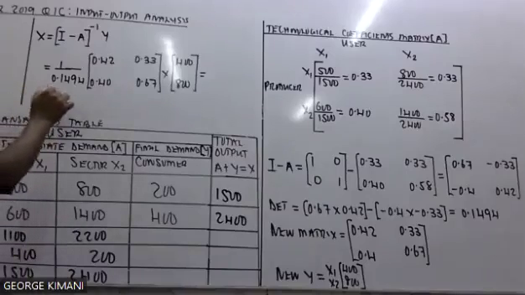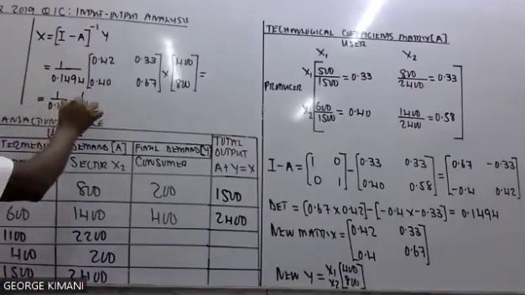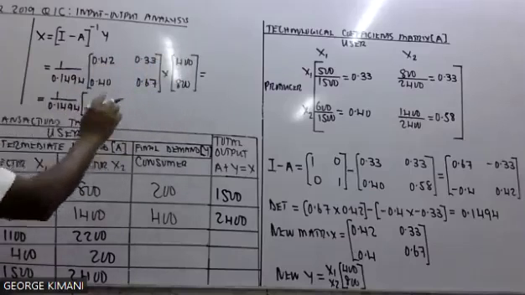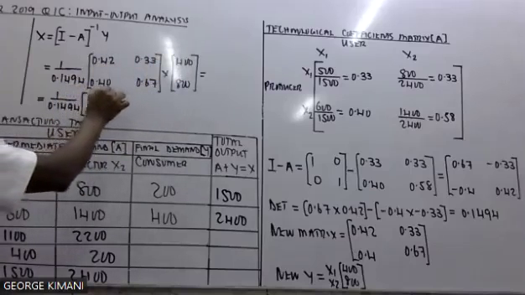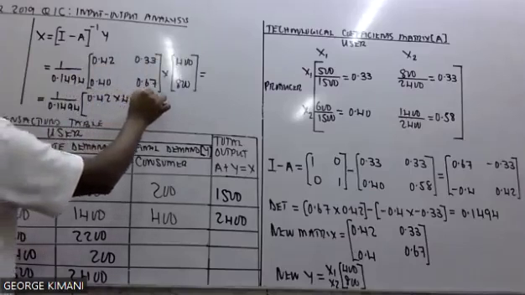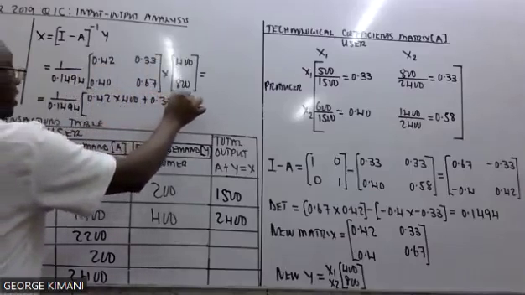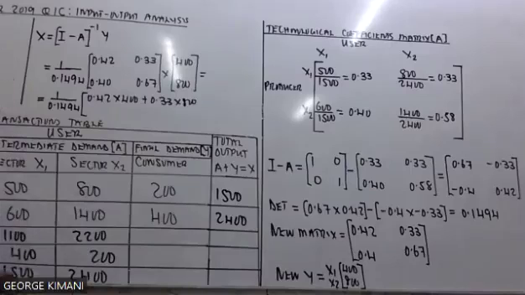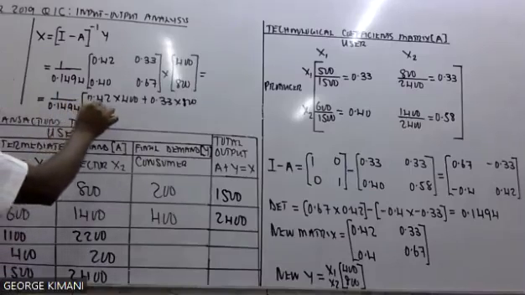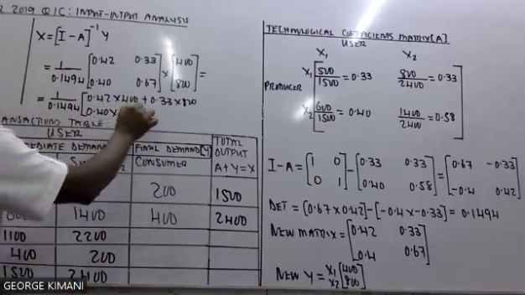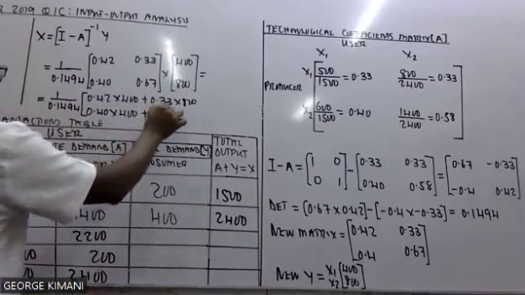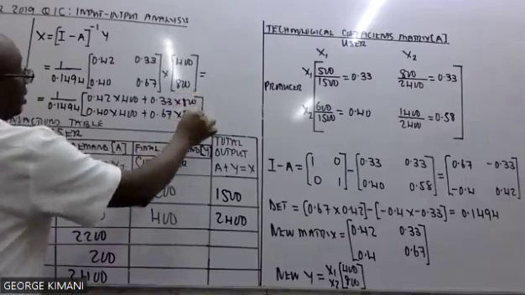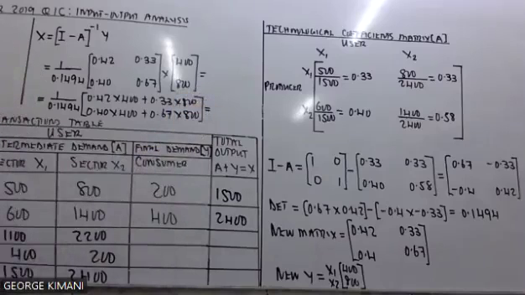It will be 1 out of 0.1494. We normally create a 7 like this. So it will be 0.42 times 400 plus 0.33 times 800. Then 0.40 times 400 plus 0.67 times 800. So then the answer you divide by this. Is that okay, Wafula?